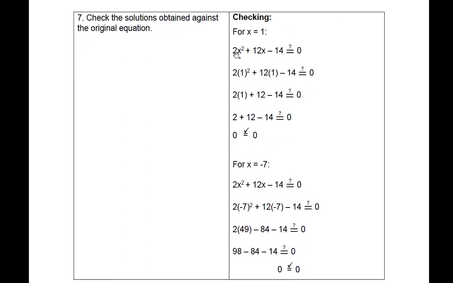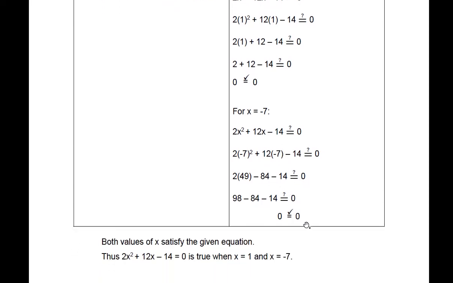So we substitute the value of x, nagiging 1. Ito naman, negative 7. You just simplify. Negative 7 squared, that is 49. 12 times negative 7, that is negative 84. Then minus 14. Now we have 98 minus 84 minus 14 equals 0.